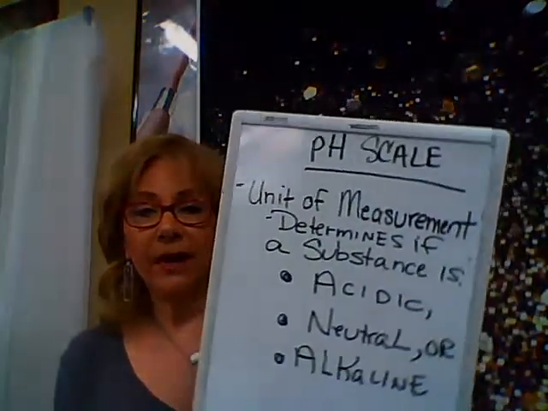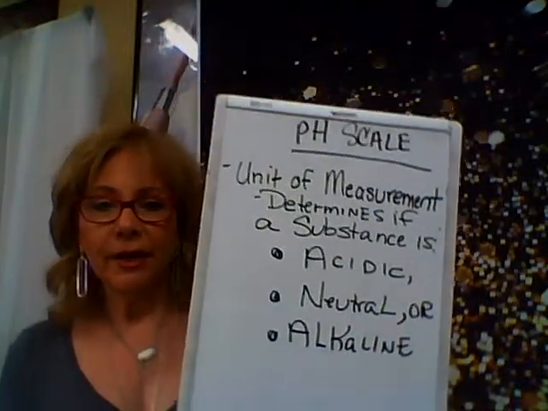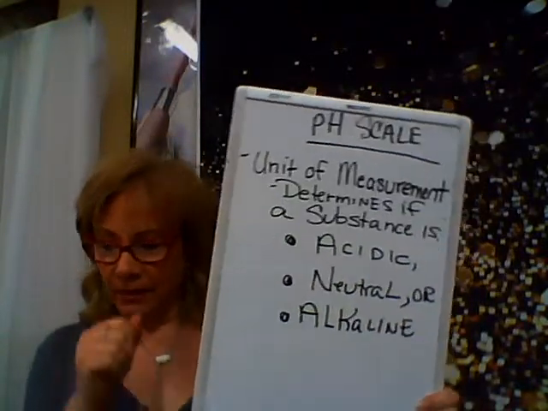You're going to be taking notes. I took the liberty of getting one of the things ready that I wanted to go over. All right, everybody, we're going to be discussing the pH scale. And I want you to write down what I've got over here. Unit of measurement.